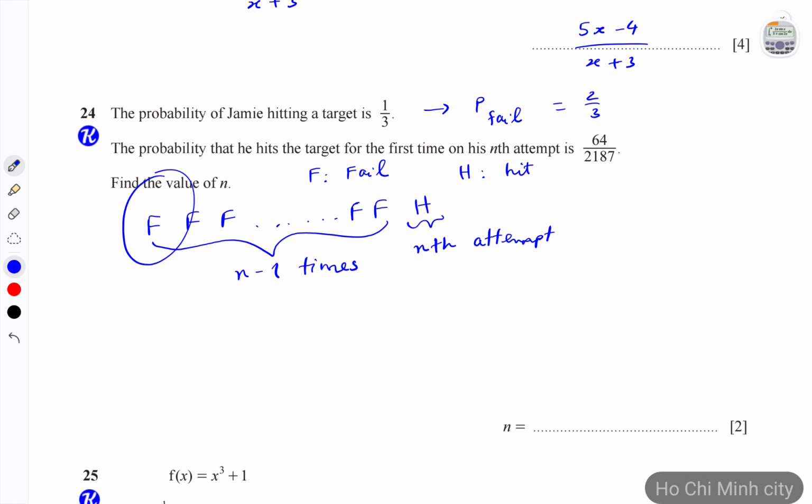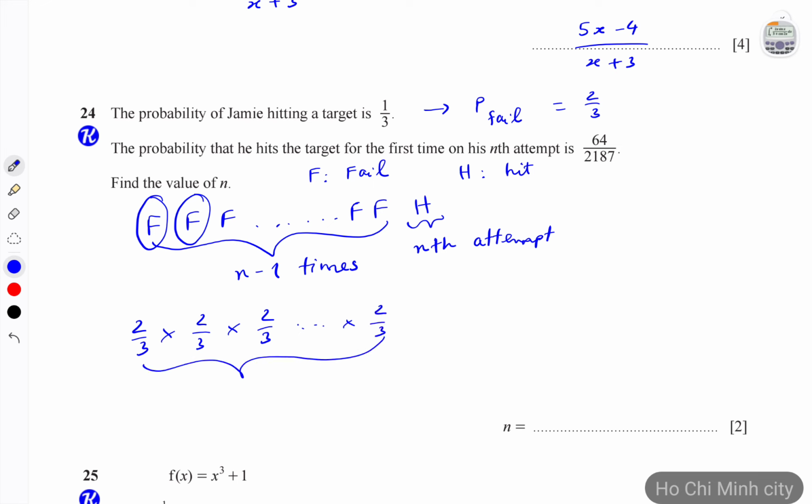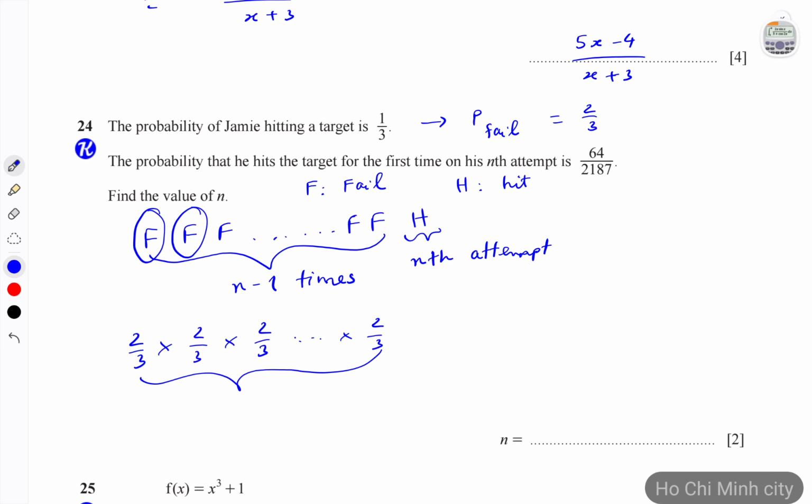So consider this: we have 2/3, the probability of failing the first time, and then the second time. So 2/3 times 2/3 times 2/3, and we have to repeat this n minus 1 times. So we can write it as 2/3 to the power of n minus 1, and then multiply with the last one, which is the hit, and hit is 1/3.